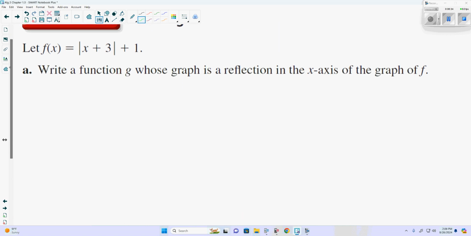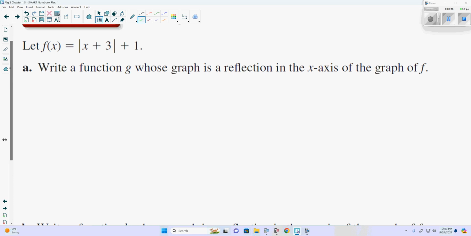Now, what we're wanting to do here is write a function whose graph is a reflection in the x-axis of the graph of f. So our new function's name is g of x. Now, the general form for a reflection in the x-axis is negative f of x.